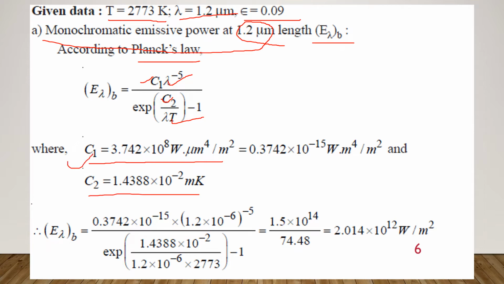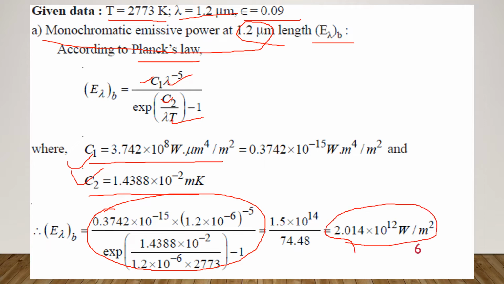So C1, C2, lambda and T, all the things are available here. We put all the values in, and based on that we get the value of E lambda B, the monochromatic emissive power. That value is 2.014 into 10 power 12 watt per meter square. You have to do this calculation, and once you do it you end up with this answer.